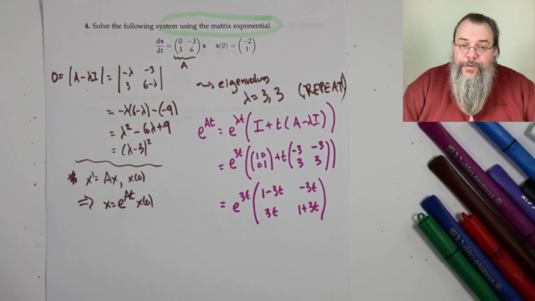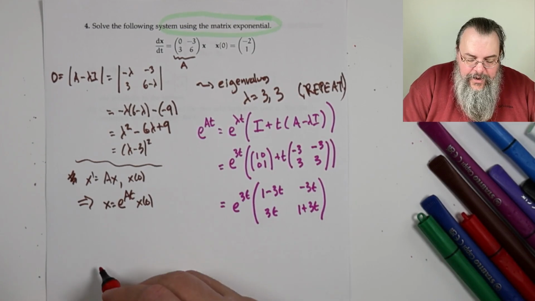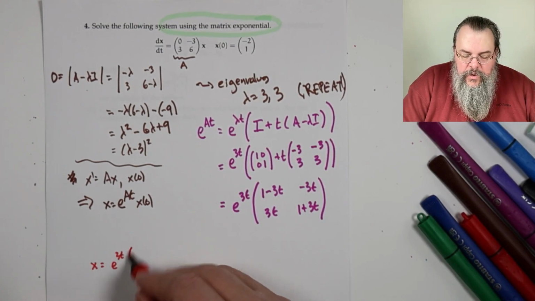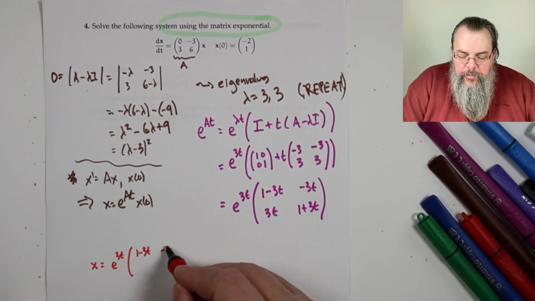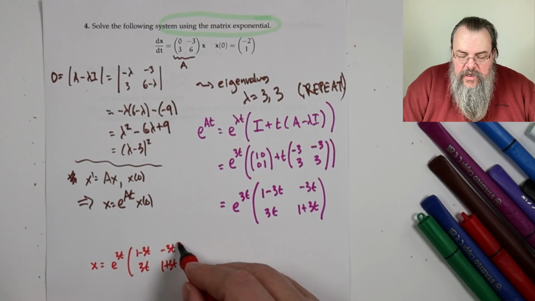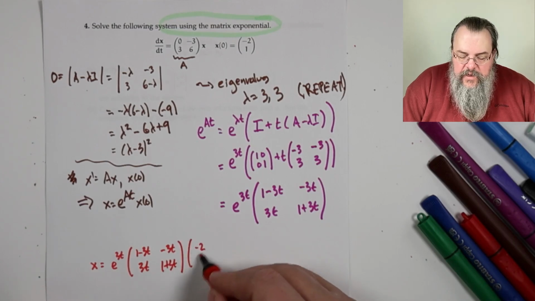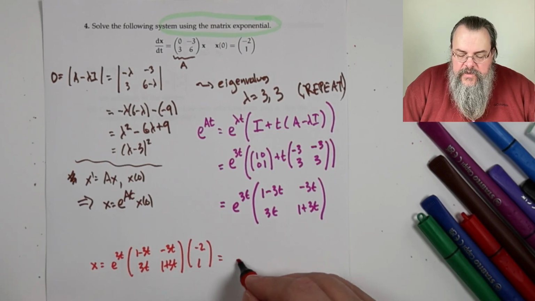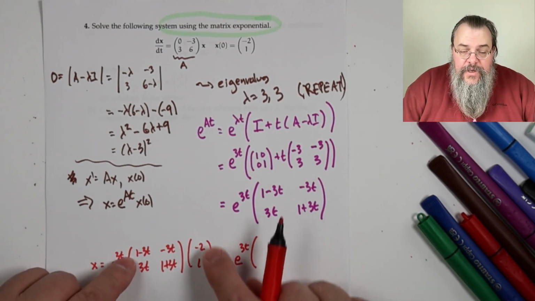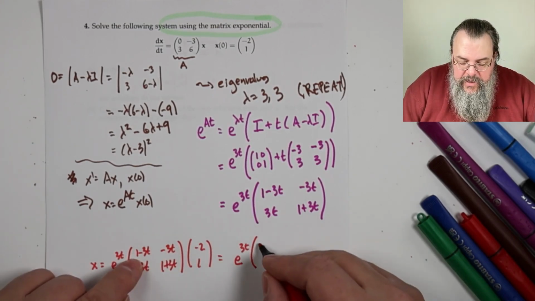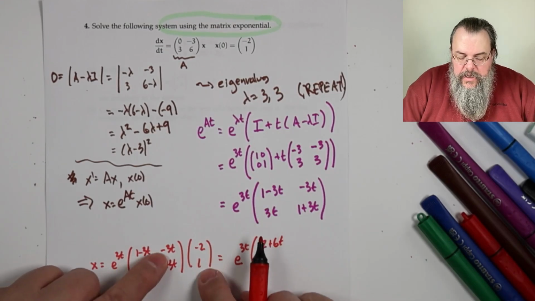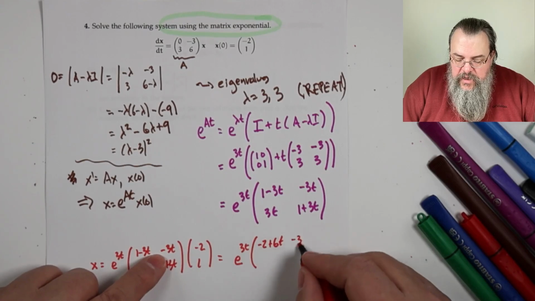Life is wonderful. So our answer, x, will be e to the 3t times the matrix 1 minus 3t, minus 3t, 3t, 1 plus 3t, times the vector minus 2, 1. That's e to the 3t, and then we have minus 2 times 1 minus 3t, so that would be minus 2 plus 6t, and then minus 3t.